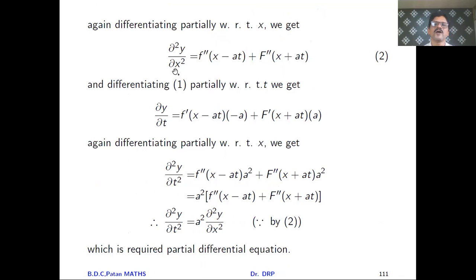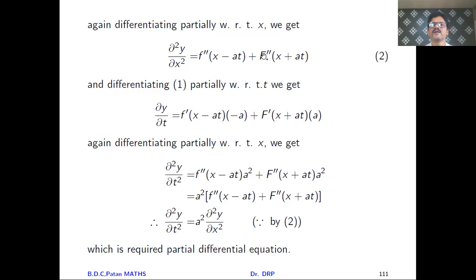Delta 2y by delta x square is equal to the derivative of f dash of x minus at with respect to x. It gives f double dash of x minus at into the derivative of x minus at with respect to x, which is 1, so no need to write it here, plus the derivative of capital F dash of x plus at with respect to x.